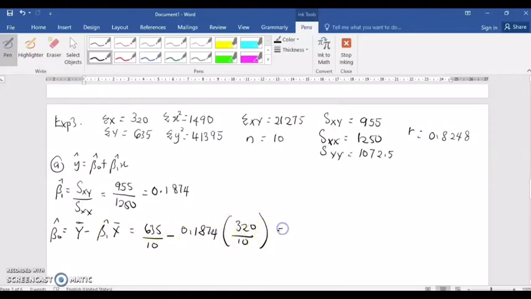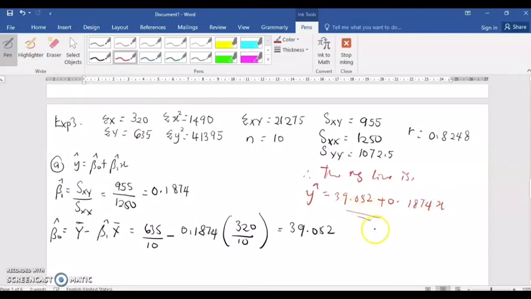At the end of this calculation, we get beta naught hat as 39.052. So the regression line is y hat equals 39.052 plus 0.1874x.